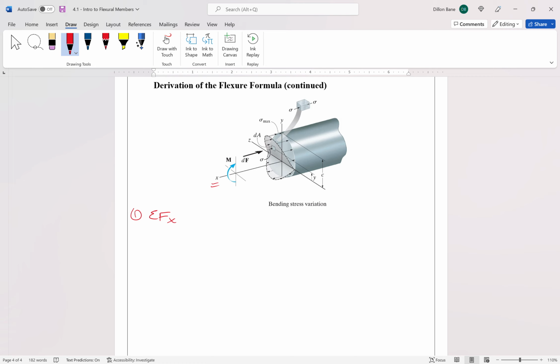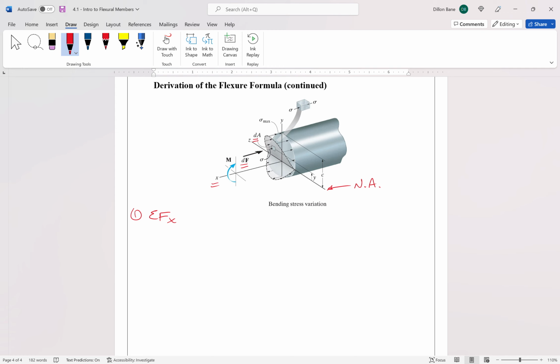So if I take my free body diagram here and I sum forces in the x direction, what I'm essentially going to be doing is imagining that the stress profile itself is comprised of an infinite number of these little bitty dF forces that act over these little bitty dA areas, okay? So anything above the neutral axis, this Z axis in this picture is the neutral axis.